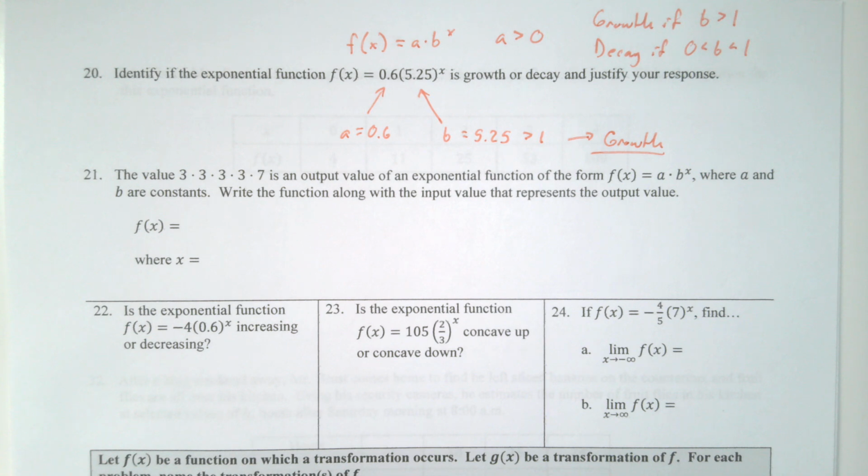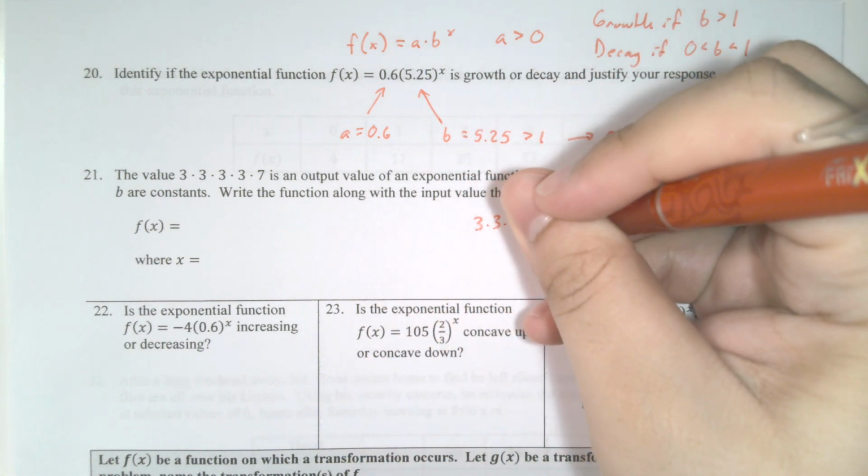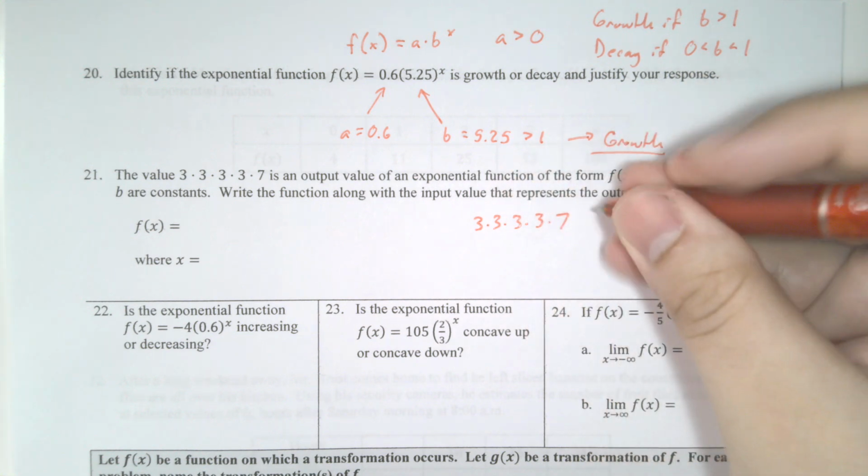For number 21, we want to find the value of an exponential function of the form f of x equals a times b to the power of x. Write the function along with the input value that represents the output value. Okay, so we have 3 times 3 times 3 times 3 times 7.